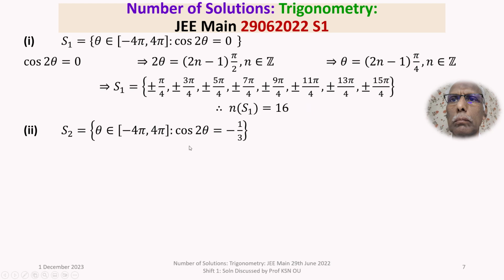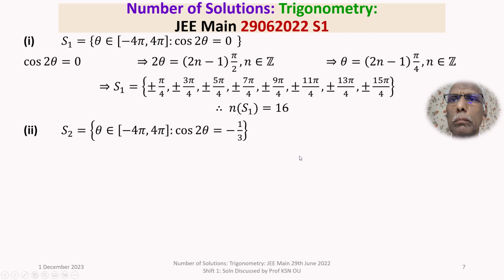In a similar fashion, we will also compute n of S2, where S2 is the set of all those solutions of the equation cos 2 theta is equal to minus 1 by 3 that lie in the closed interval minus 4 pi to plus 4 pi.